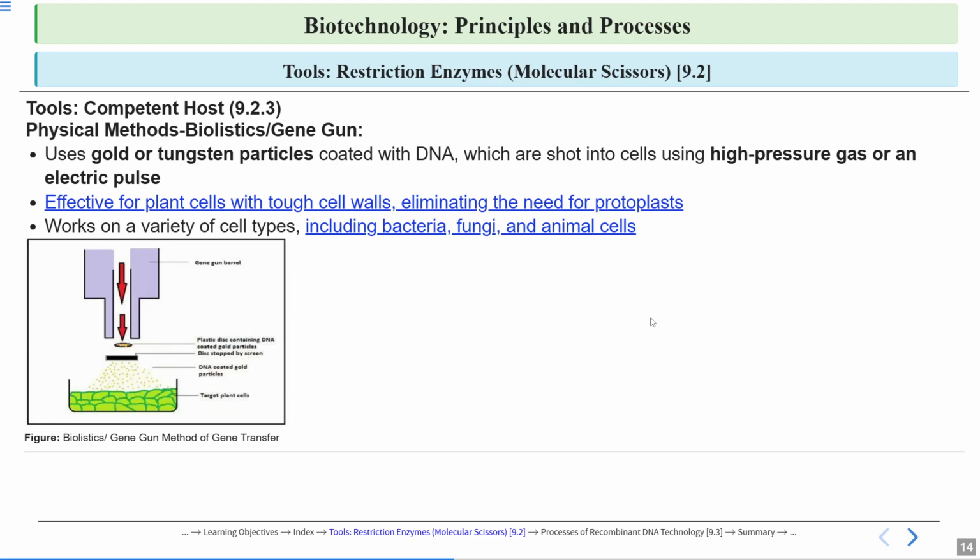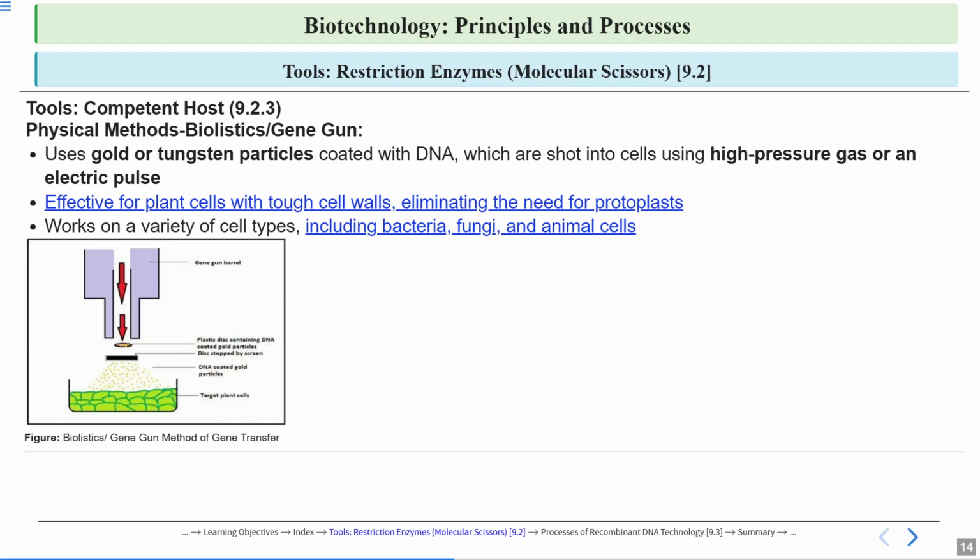You guys don't need to know the mechanism at a very high level. You just need to know that this is another method, the ballistic or gene gun method, a physical method to make competent cells. The DNA gets covered with gold or tungsten particles, because they are biologically inert and will not react with the cell. Then they get shot into the cell using high pressure gas or an electric pulse.